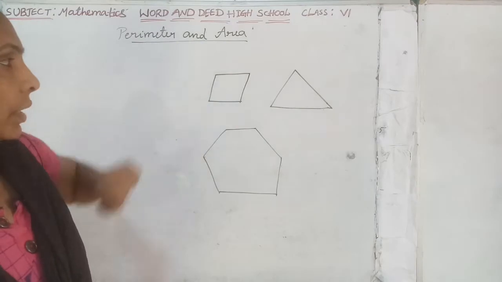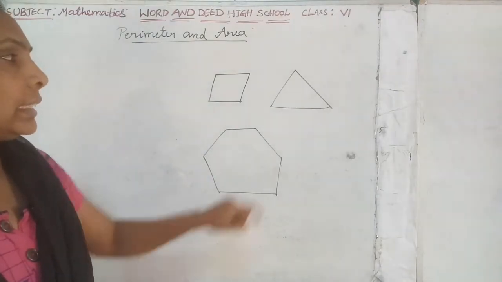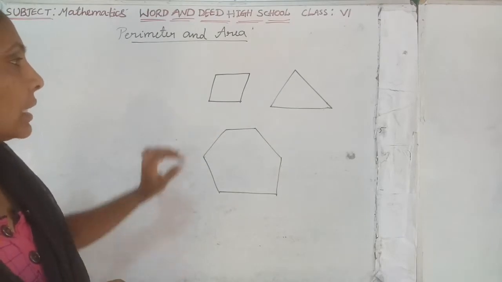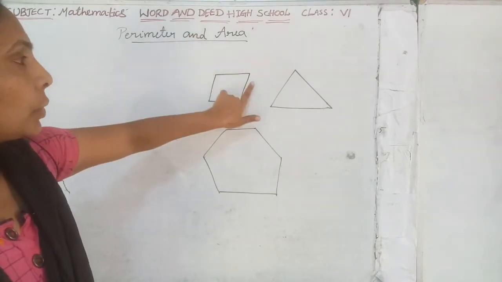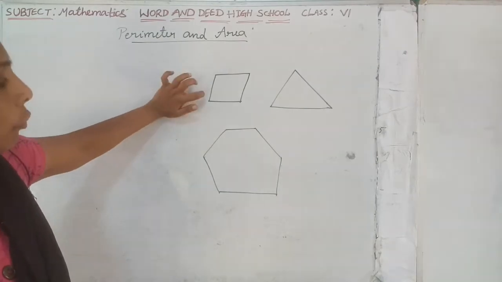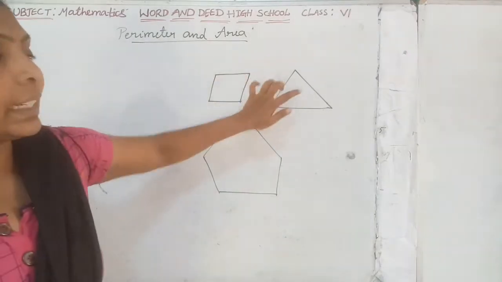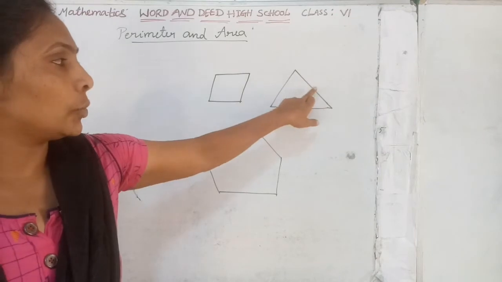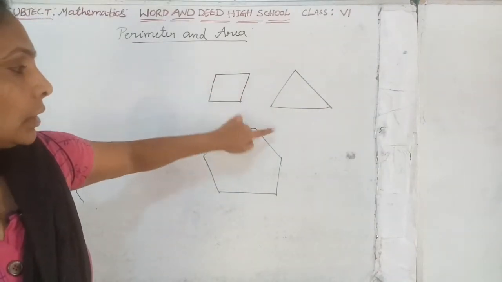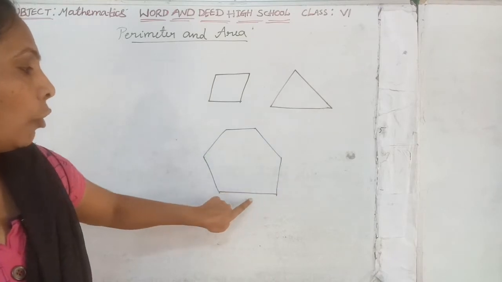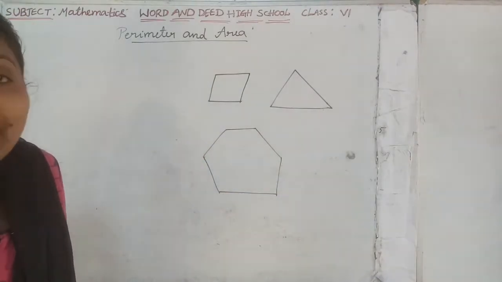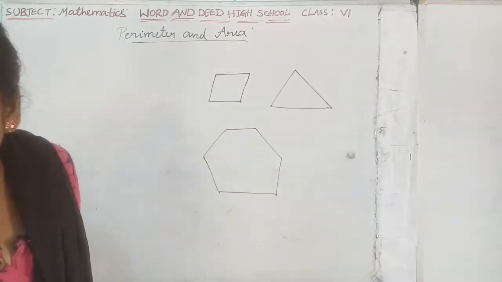Suppose we have to find the perimeter of this one. Different figures these are. How many sides do we have? 4 sides in this figure. Here, children, 1, 2, 3, so 3 sides. And here 1, 2, 3, 4, 5, 6, so 6 sides. So, how can we find the perimeter?